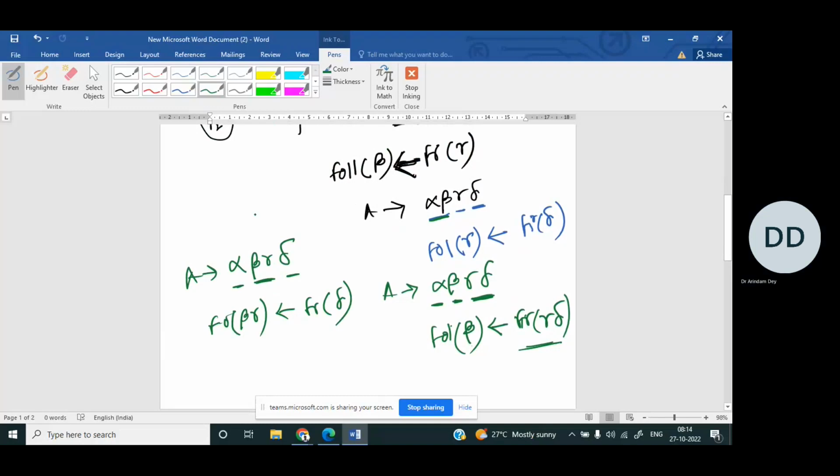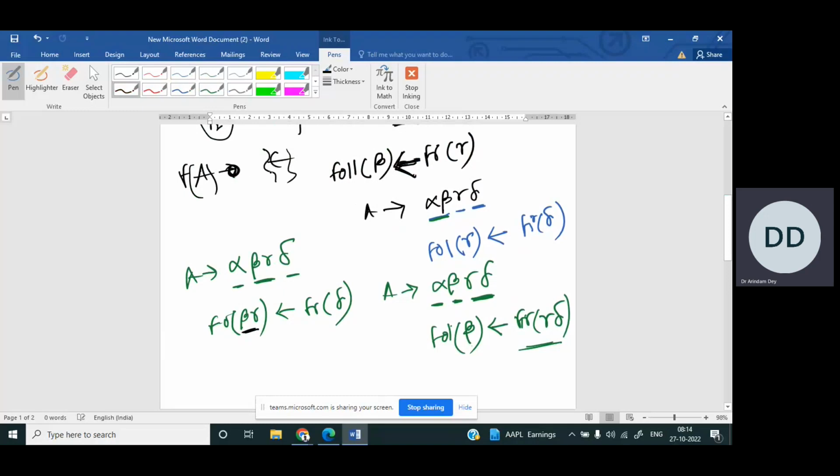But what you will do by finding the follow of two variables at a single time? You check in the predictive parsing table that if a variable is generating epsilon in the first of A, then only you have to calculate the follow of A. Only for one variable you have to find out the follow, not for a joint variable. So here you are finding the follow of a joint variable.